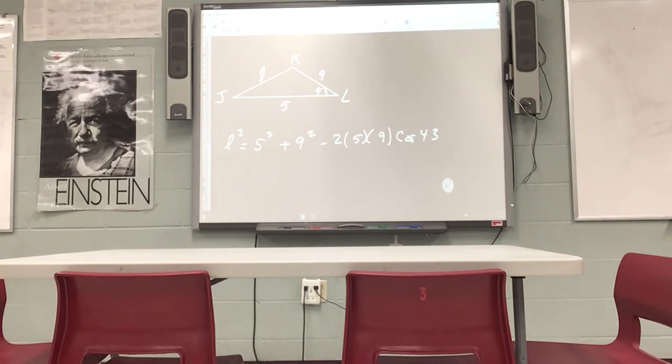Go ahead and simplify what you can. So you've got L squared equals 25 plus 81, which is 106, minus 2 times 5 times 9 is 90. Now, in your calculator, you're gonna get 106 minus 90 cosine of 43.